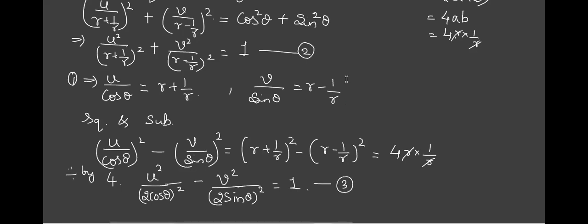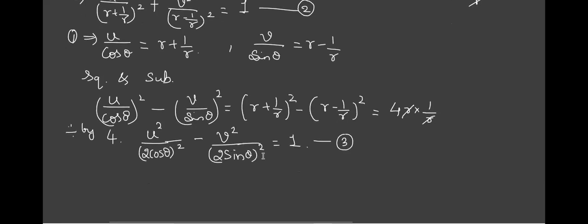Okay, just see equation 2 and 3 are such that they are in terms of r and theta only, not containing the other variable. Now what after this relation we used to take the lines parallel to coordinate axis. Do you remember?